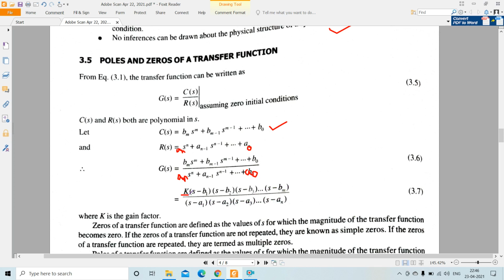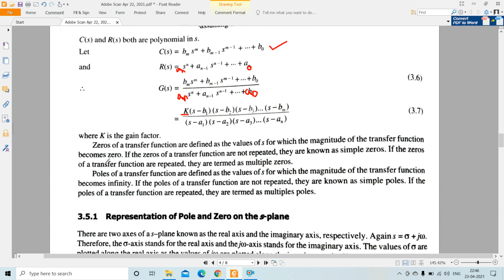K is the gain factor. Zeros of a transfer function are defined as the values of s for which the magnitude of the transfer function becomes 0. So in the numerator, all the values of s are the zeros. If the zeros of a transfer function are not repeated, they are known as simple zeros, and if they are repeated, they are termed multiple zeros. Similarly, what are poles?